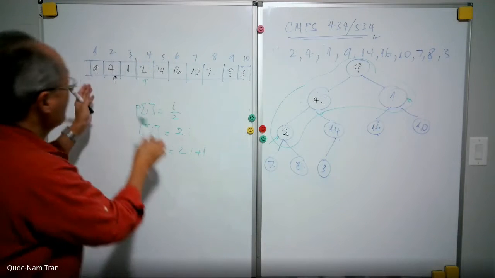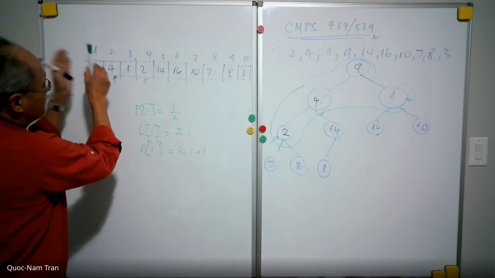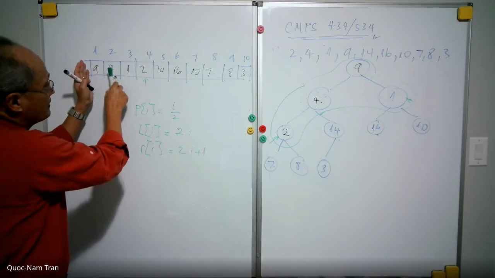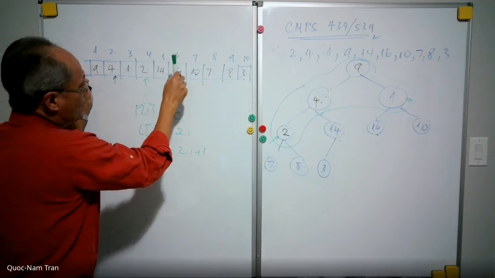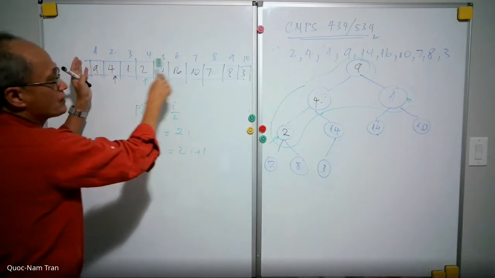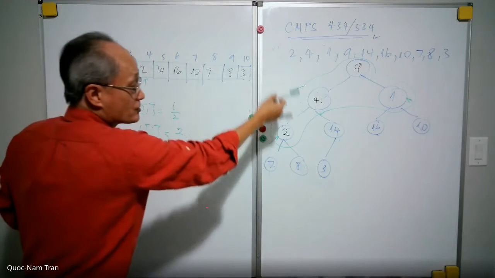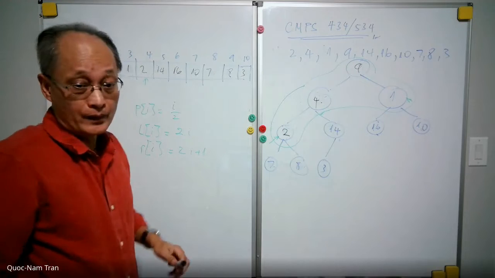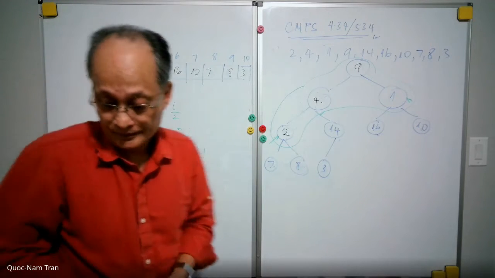Starting from the first array that has one element, we keep adding the new elements in and then try to rearrange the array or rearrange the tree. Okay? And finally, we will have a heap.